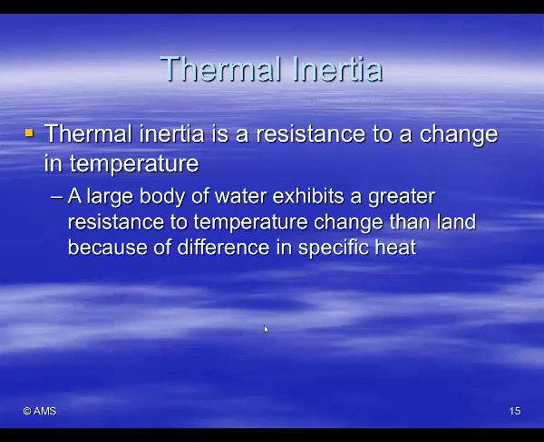This brings about something called thermal inertia, which is a resistance to change in temperature. If there's a large body of water, it exerts a greater resistance to temperature change. So for instance, in the spring, when the temperature is increasing rapidly, the temperature of the ocean isn't increasing as quickly.